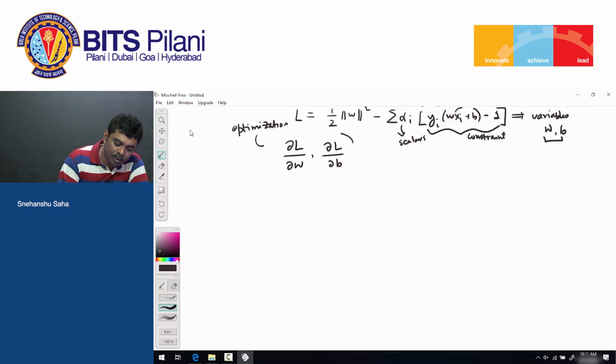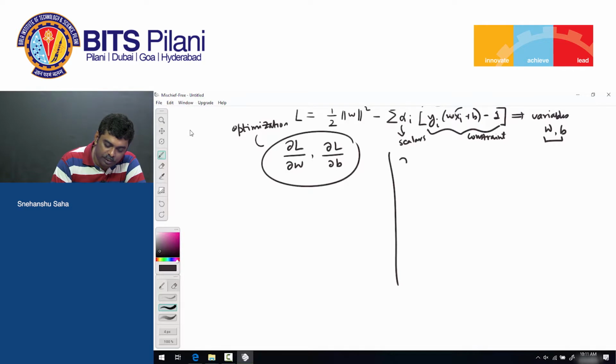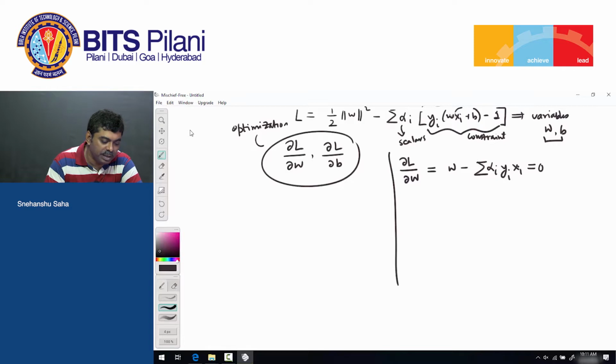So when you do this, delta L delta W, the first term is easy because the 1/2 cancels and it becomes just W, minus alpha i yi xi, because you are differentiating with respect to W, and set this equal to 0. That's one of the first conditions of the Lagrangian. If you do that, I have W equal to the sum of alpha i yi xi.